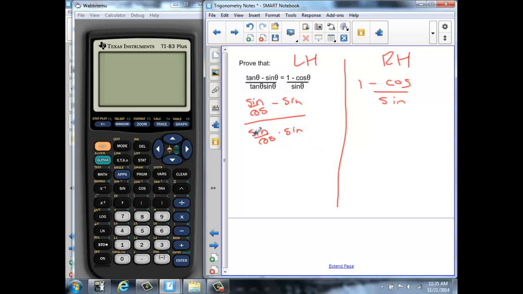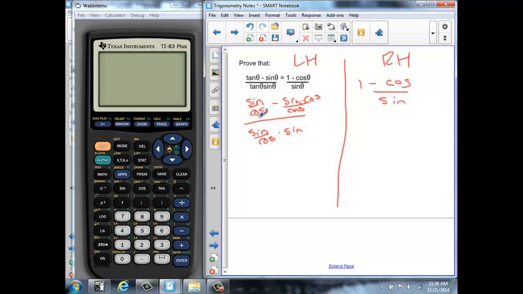The bottom of the fraction is probably okay the way it is, but the top of the fraction actually has two different terms. And one of the things we can often do with terms is give them common denominators. So what I could do is put a cosine here and a cosine there. And now they actually have common denominators.